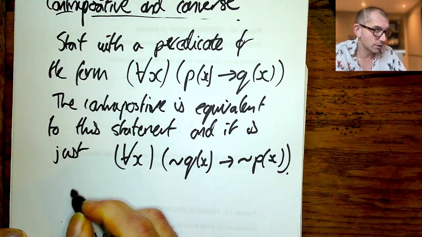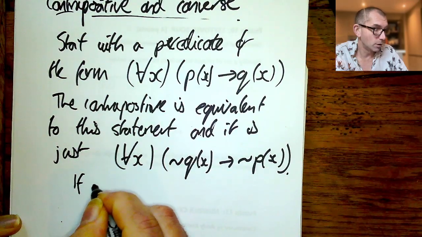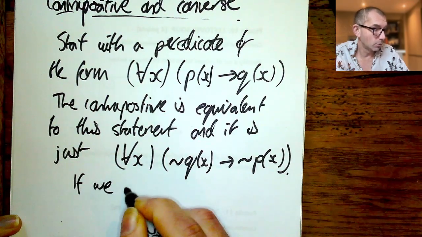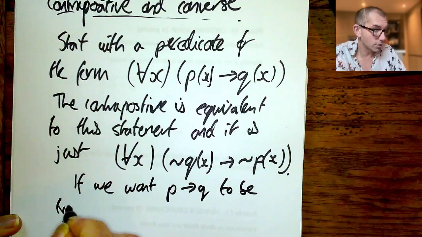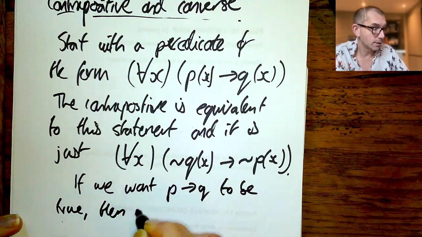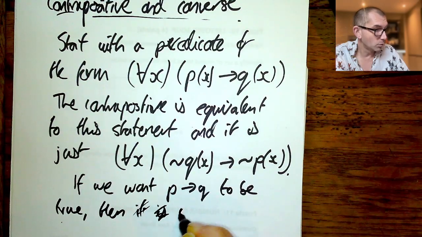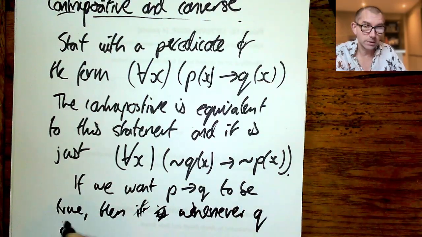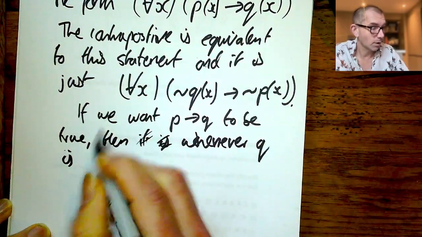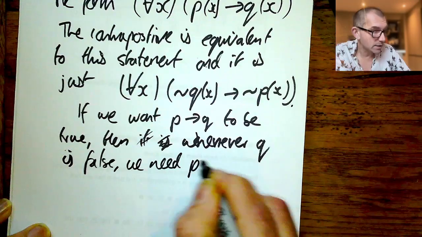So let me just say it again. If we want P implies Q to be true, then, I'll say it like this, whenever Q is false, we need P to be false also.